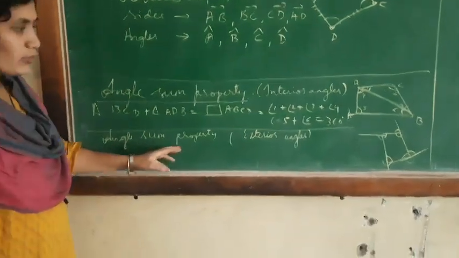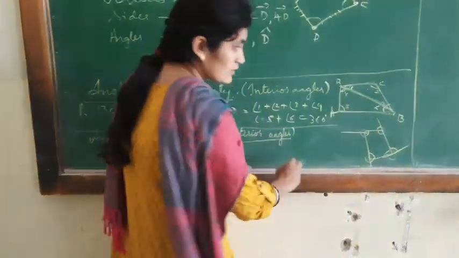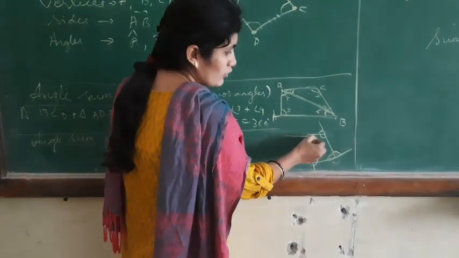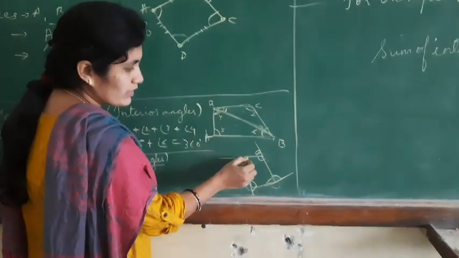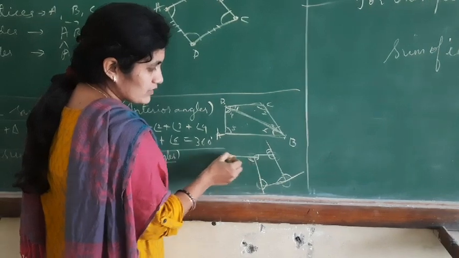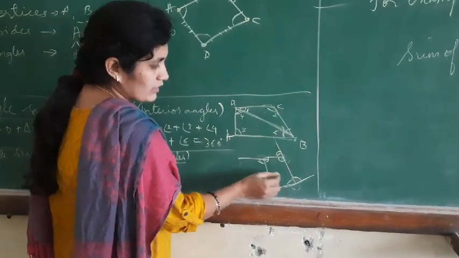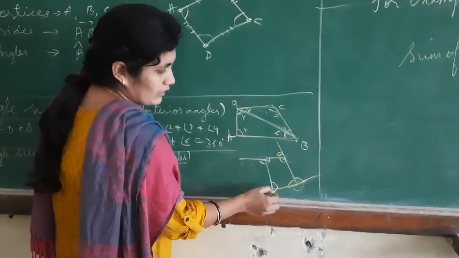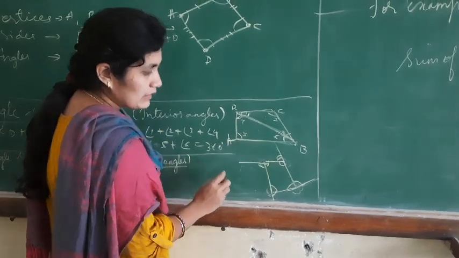Now angle sum property, that is exterior angles. Once you draw the quadrilateral, in the same way you have interior angles, you have exterior angles also. Because if you extend this line or this vertex, you will get one more angle here, which will make this a linear pair.